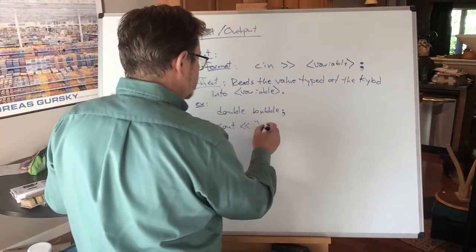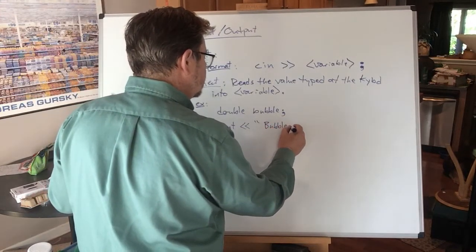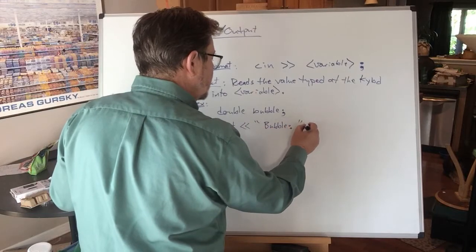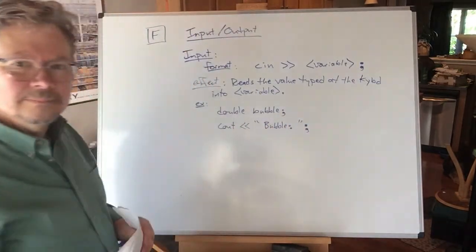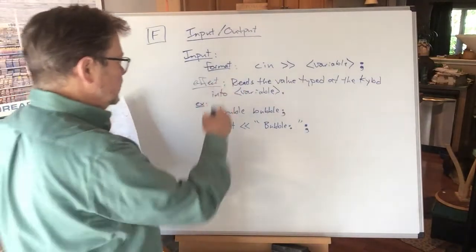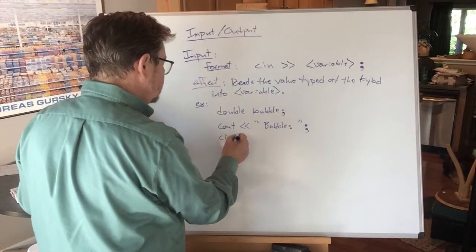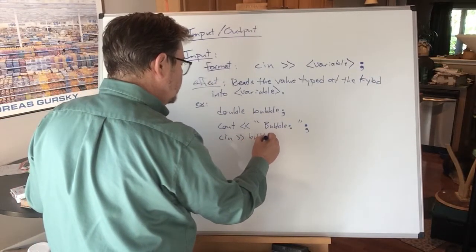And I'll just make this simple. Bubble, colon, double quotes, semicolon. I'm going to stop talking like that. Now I can do my cin statement. Cin greater than, bubble.